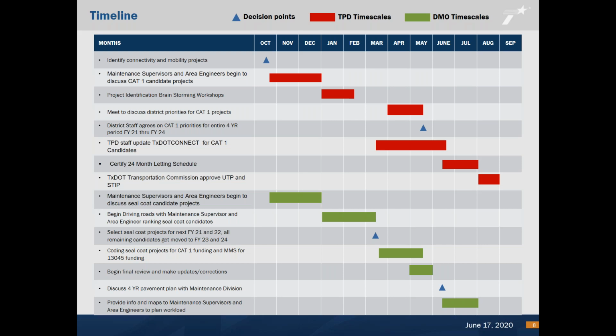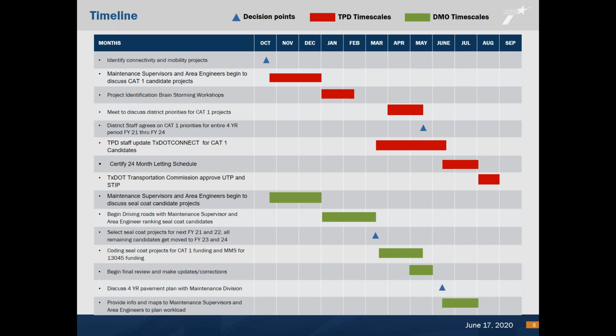The projects which impact the pavement are identified, starting with the connectivity mobility projects, and also including rehab projects, preservation projects, and also routine maintenance projects. From September all the way to December, districts are gathering all the information related to those projects and then compiling the data together.